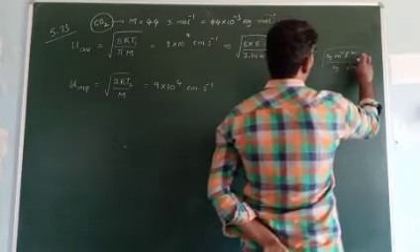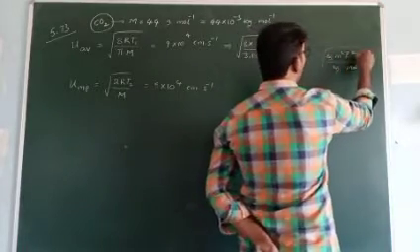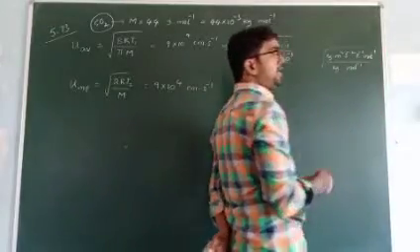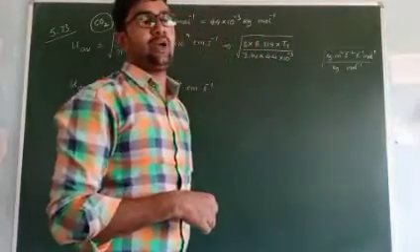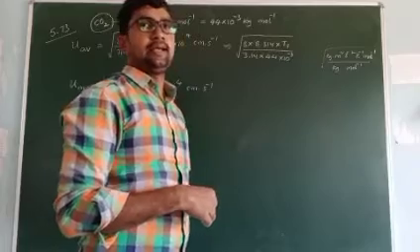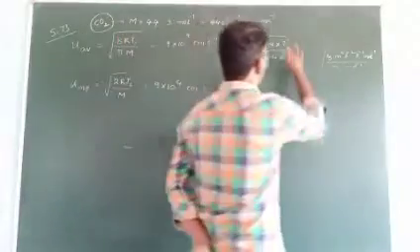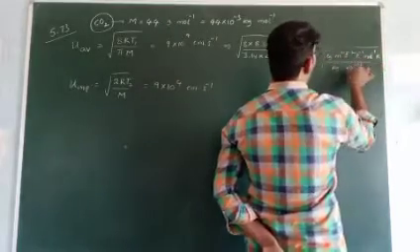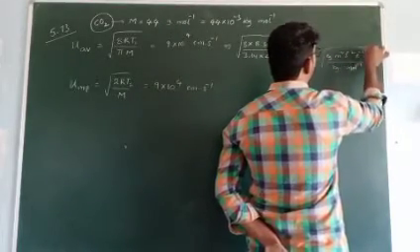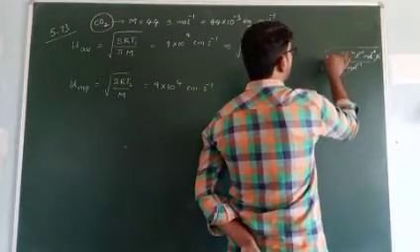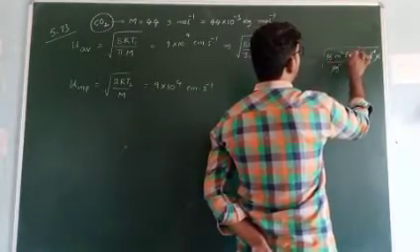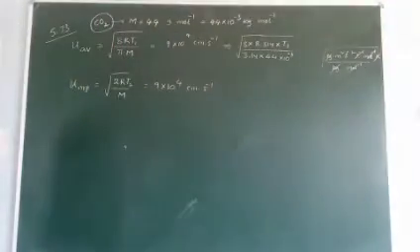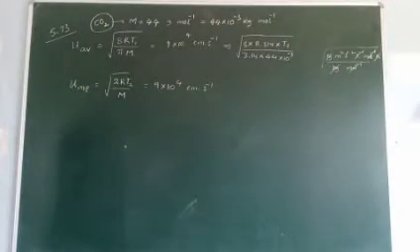Joule Kelvin inverse mole inverse, that is the unit of the R constant value 8.314. Lastly temperature is in Kelvin. So mole inverse cancelled, Kelvin inverse cancelled, kg cancelled, meter square second power minus 2 is present.